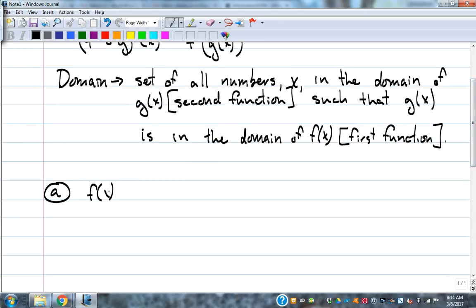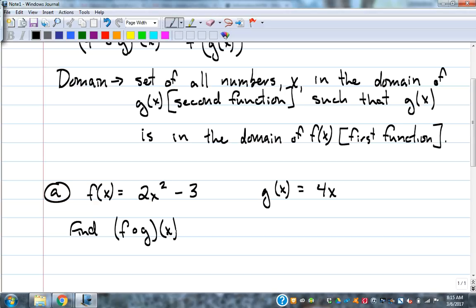f of x is 2x squared minus 3, and then g of x, make it pretty simple, just 4x. Okay, so we want to find f composed with g of x and state the domain.